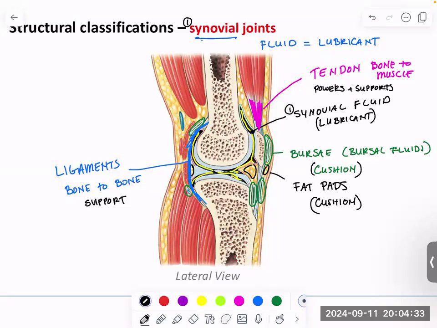The muscles keep your bones standing up straight. Muscles attached to bone via tendon keep things supported. The synovial fluid is the lubricant. The bursae and fat provide cushioning. Be able to tell me what these structures do for a synovial joint. Here's the example in the knee.